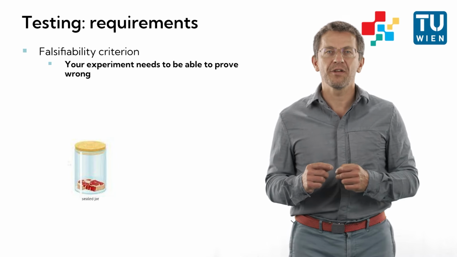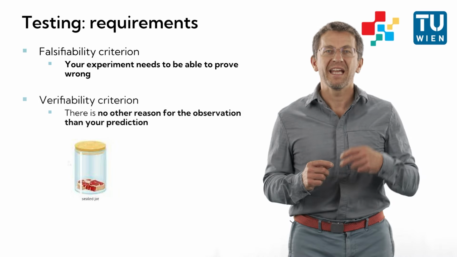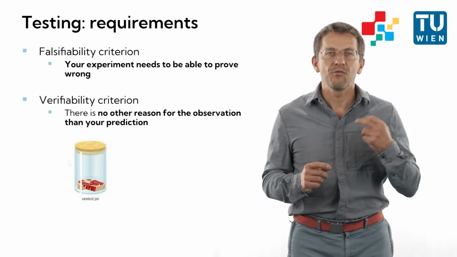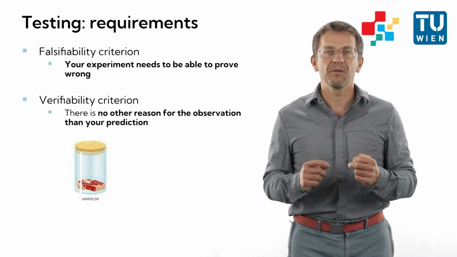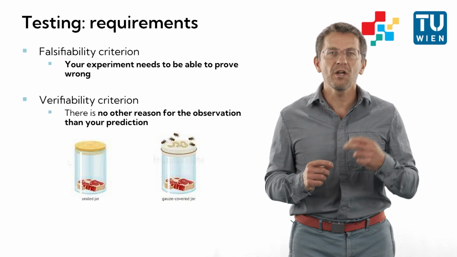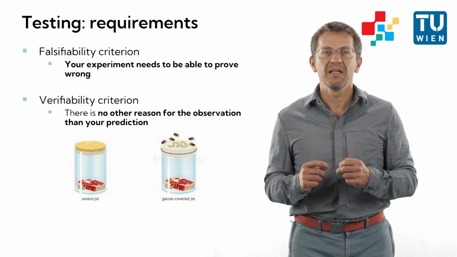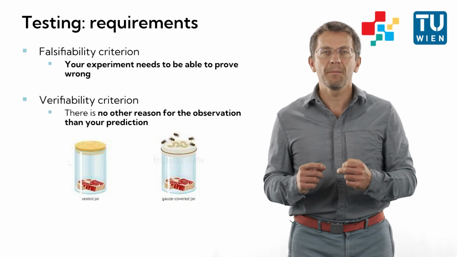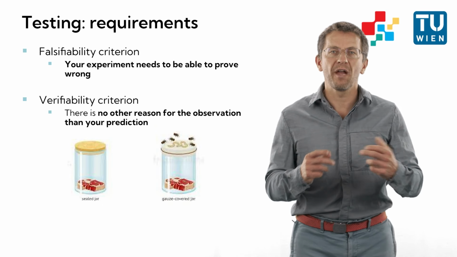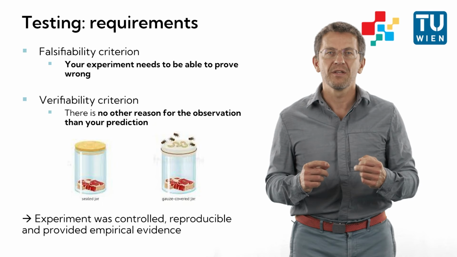The second criterion is verifiability, ensuring that there's no other reason for the observed result. Redi achieved this by using Naples paper that let air in but kept flies out, proving maggots were not coming from the air itself. His experiment was verifiable because it met 3 conditions. Controlled conditions, variables like fly exposure were carefully managed.